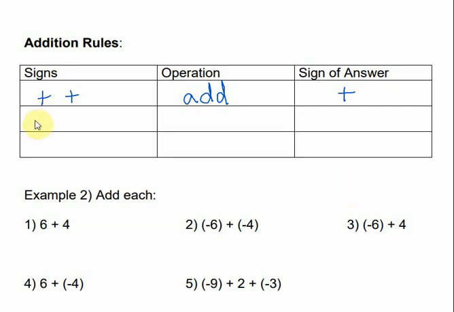If my signs are both negative, they're the same, so we're still going to add, but this time the sign of my answer is going to be negative. But if I have one positive and one negative, then we know we're going to subtract. And we don't know which one's bigger, so we just have to say we use the sign of the larger number.